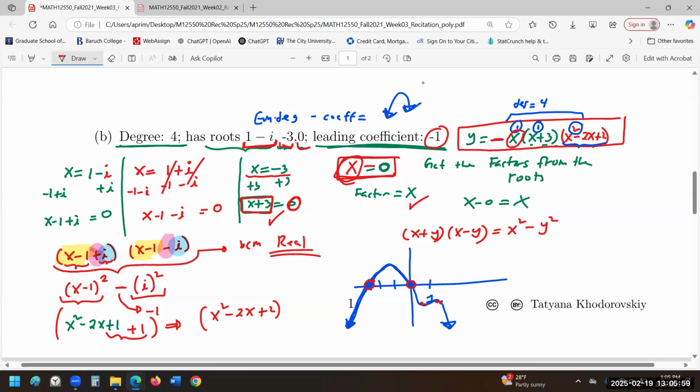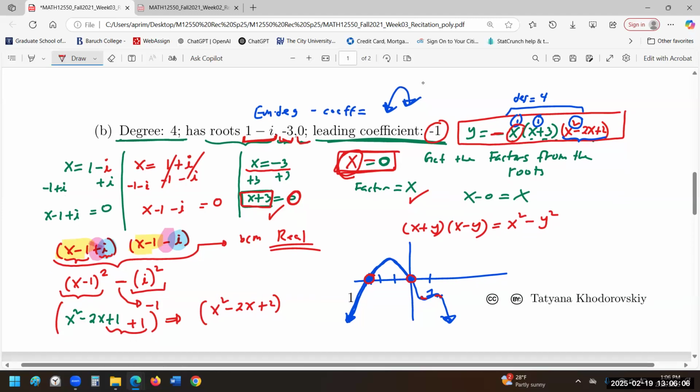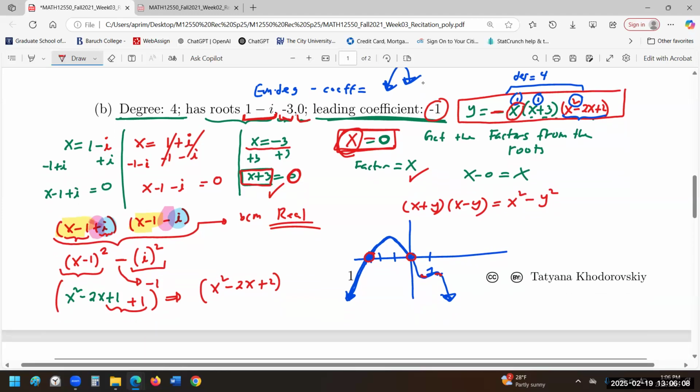Now is it clear to you? Okay, so we found the first factor, we found the second factor, and then they gave us one imaginary root. But as you know, imaginary numbers always come as conjugates. So even though they gave us only one of them, we have to do the other one by ourselves.